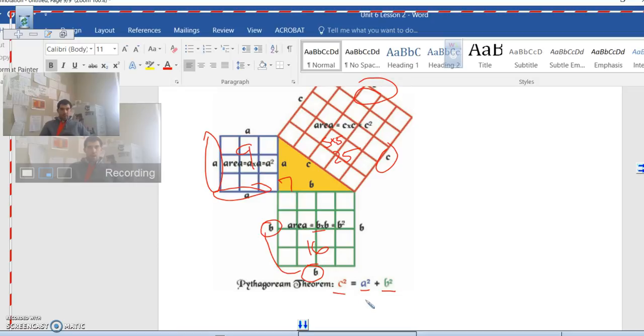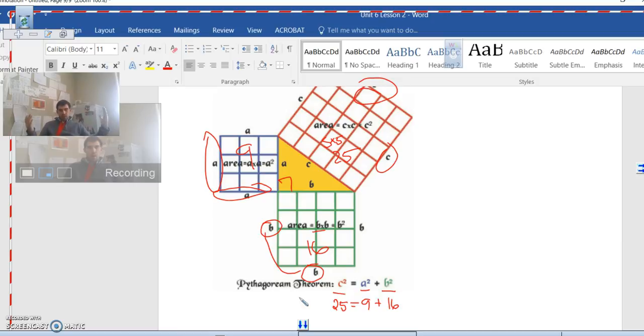So we have a squared, which is 9, plus b squared, which is 16. Does that equal 5 times 5, 25? And it does. 9 plus 16 equals 25. And that is the Pythagorean theorem in a nutshell.